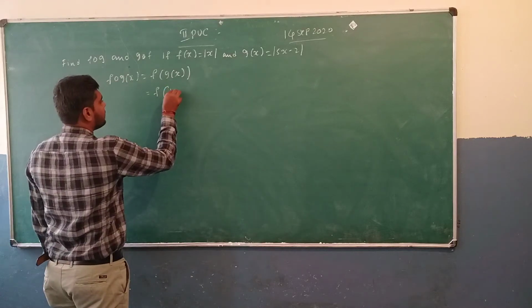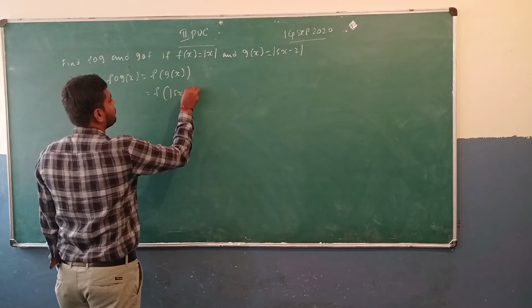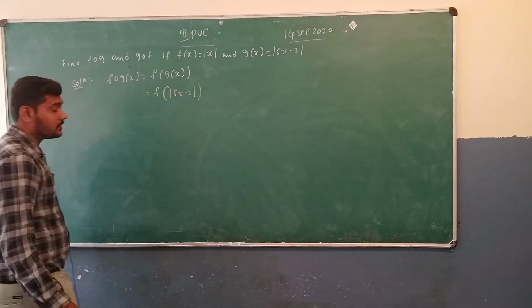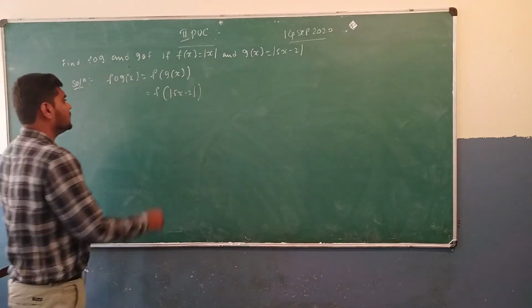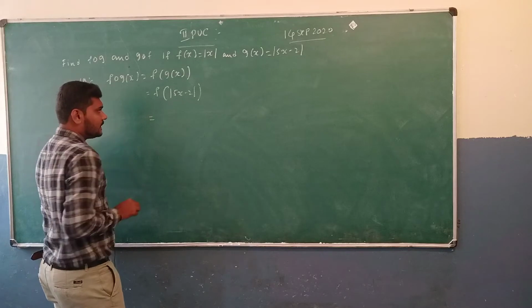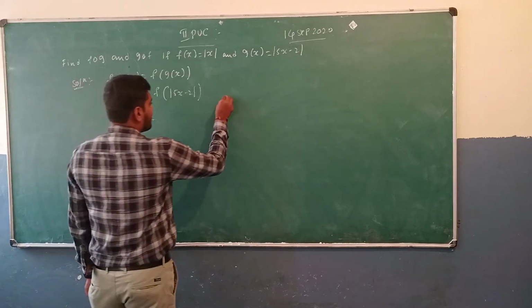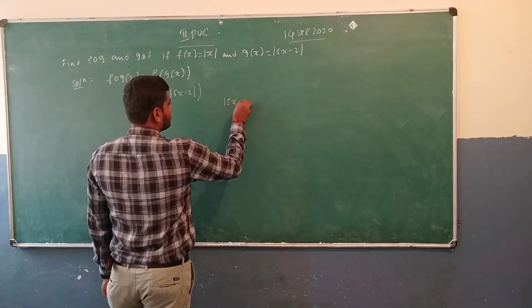So under the modulus sign it's going to be 5x minus 2. Then I'm just replacing mod of 5x minus 2 by p.